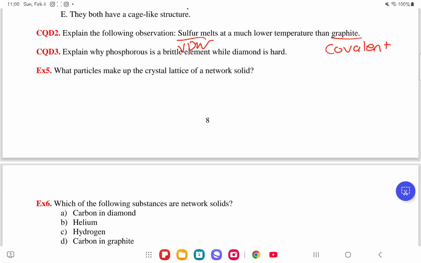Explain why phosphorus is a brittle element while diamond is hard. It's probably again because of the directional bonding. So very simply, phosphorus has again van der Waals forces, so that's what causes it to break easily, whereas diamond has covalent bonding, which makes it hard.